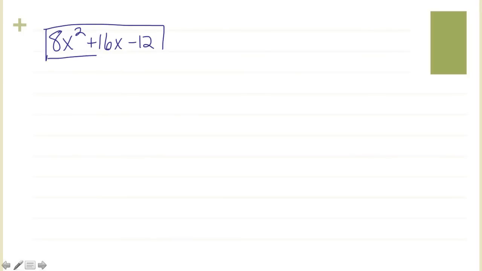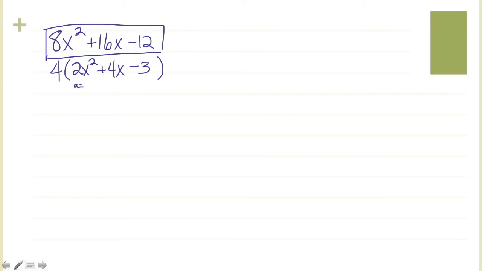Okay, when I'm asked to factor that, first thing I'm going to do is look for a greatest common factor. This one has 4. I can pull a 4 out of all three of those things. 4 times 2x squared gave me my 8x squared. 4 times 4x gave me my 16x. And 4 times negative 3 gave me my 12. So far so good. Nothing really new there.